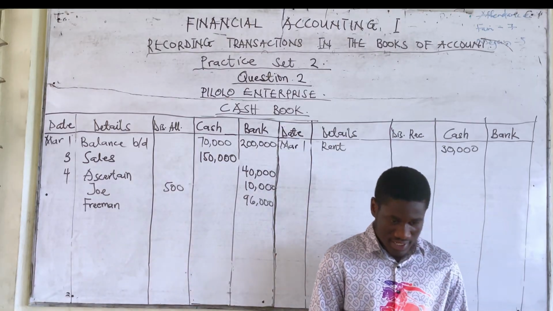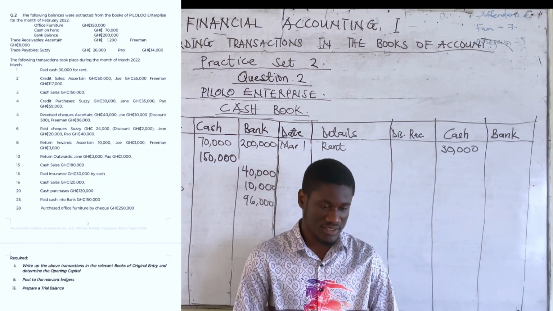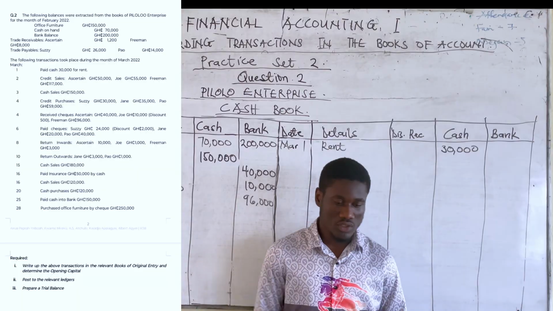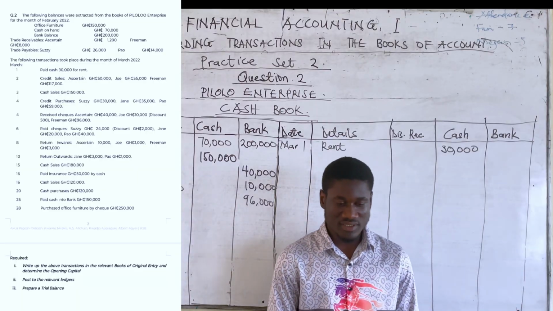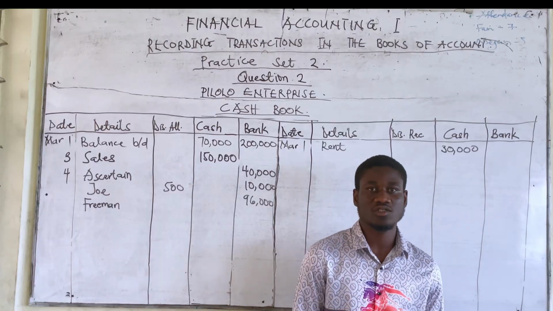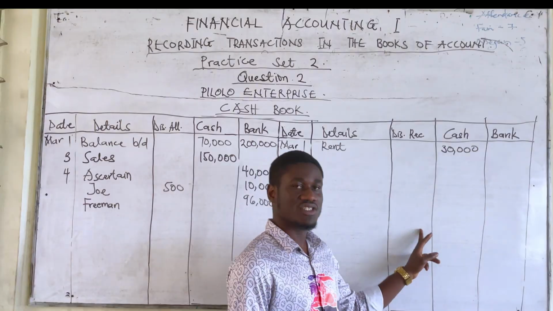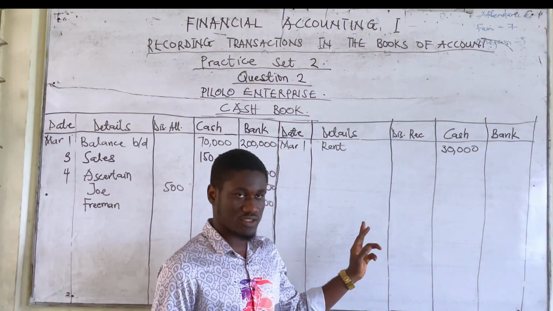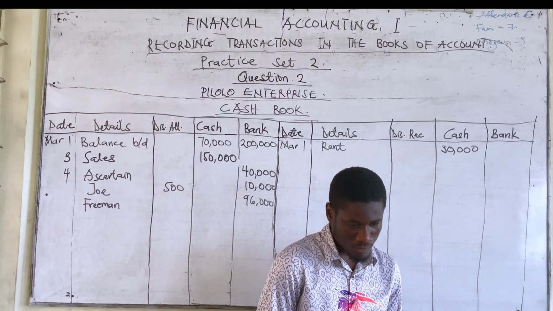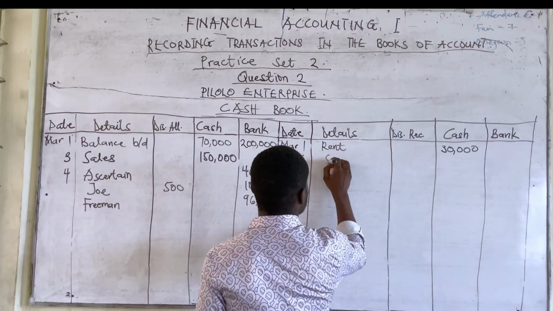So we move to the next one, March 6th. It says paid checks. Susie 24,000, and the discount was 2,000. Jane 20,000. Paul 40,000. That means we paid by checks. So what's going to happen to our checks? It's going to decrease. Decrease in checks, we are going to credit. So when we come here, the date is March 6th.